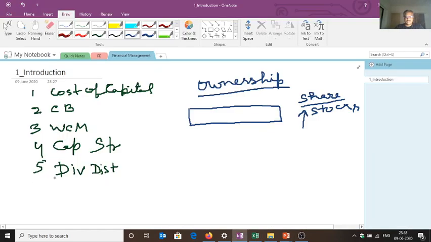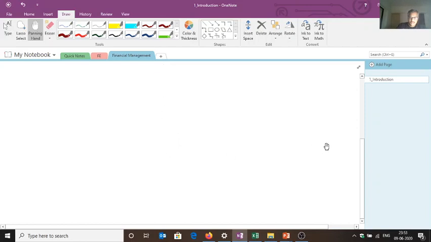Now I come back to this discussion of ownership. As you are finding here, in a company there are many shareholders. So when we talk about the objective, let me talk about the goal of business organizations, because ultimately goals are important.